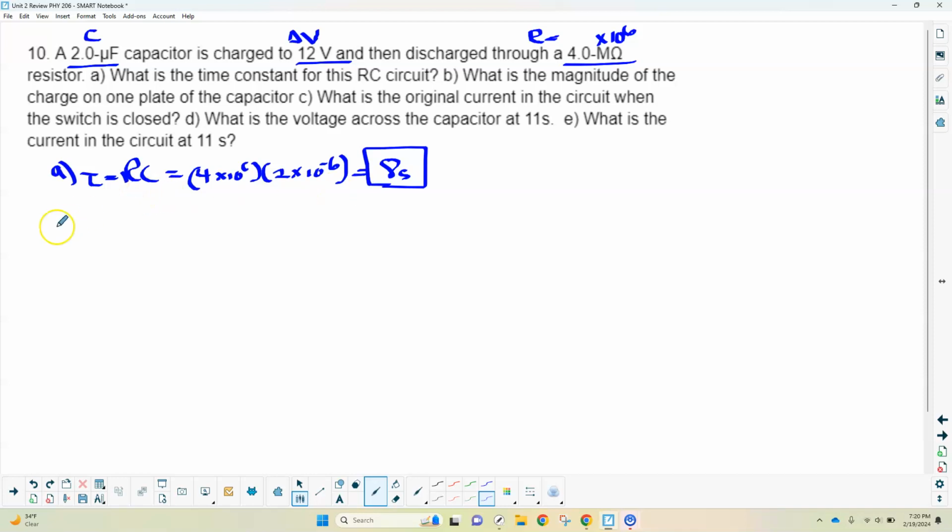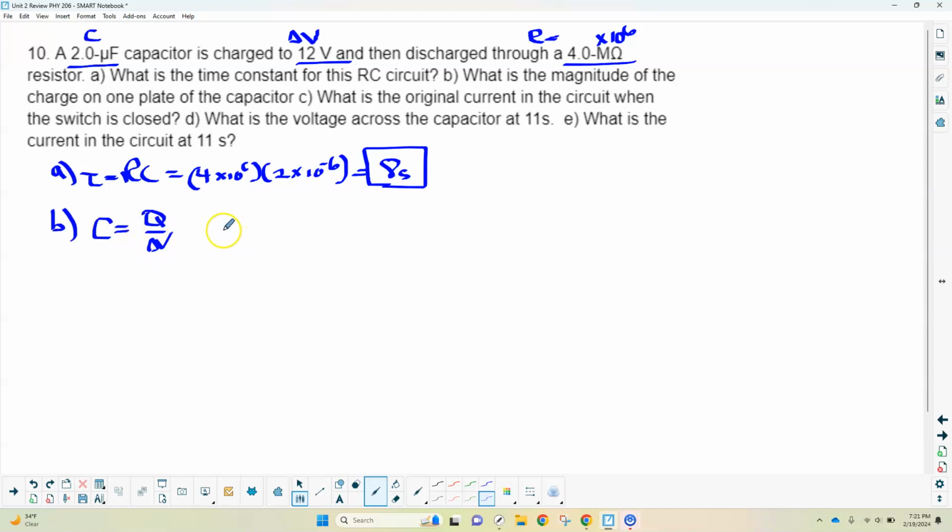It's the same. So for part B, it wants to know what is the magnitude of the charge on one plate. So we've done this a couple times already. C equals Q over delta V. So after it is charged up all the way, what is the magnitude of the charge?